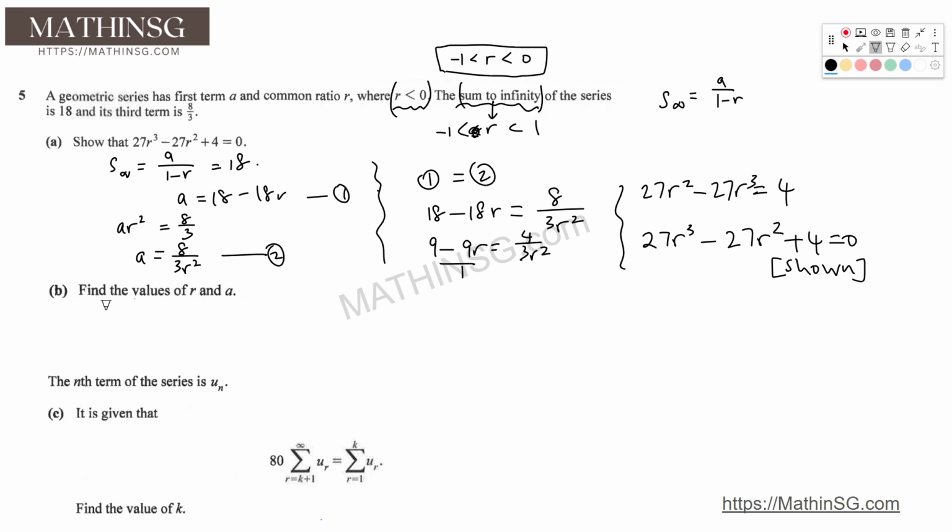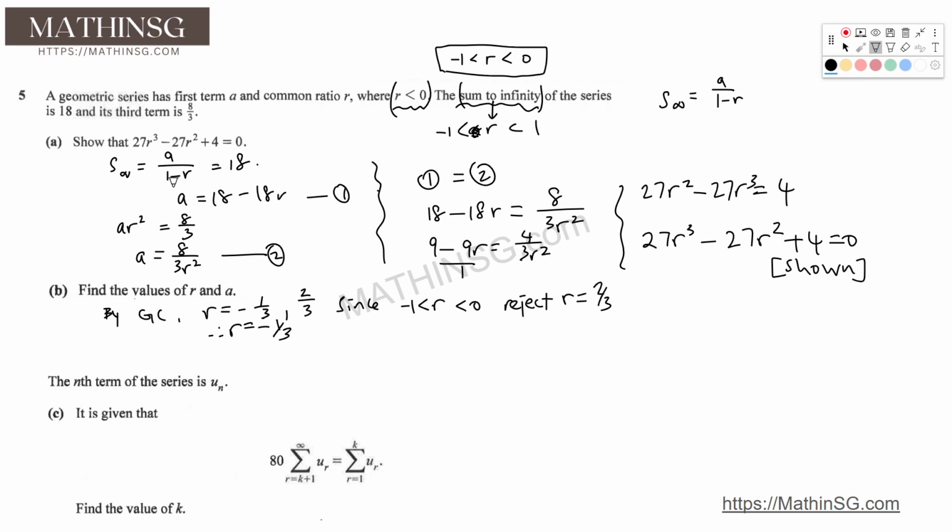By GC, R is equal to -1/3 or 2/3. Since R is between -1 and 0, we reject R equals 2/3. Therefore, R is equal to -1/3.